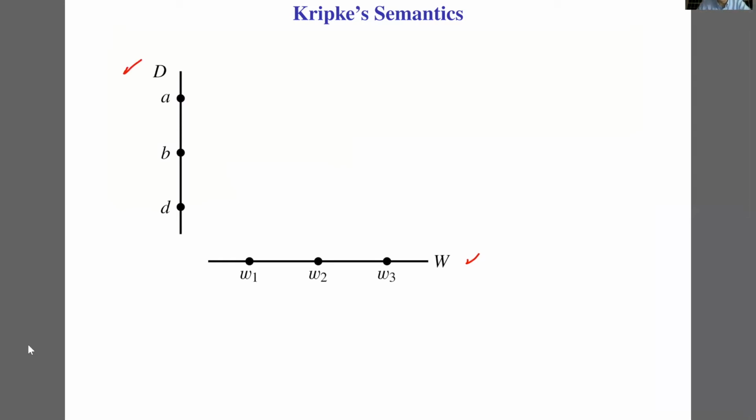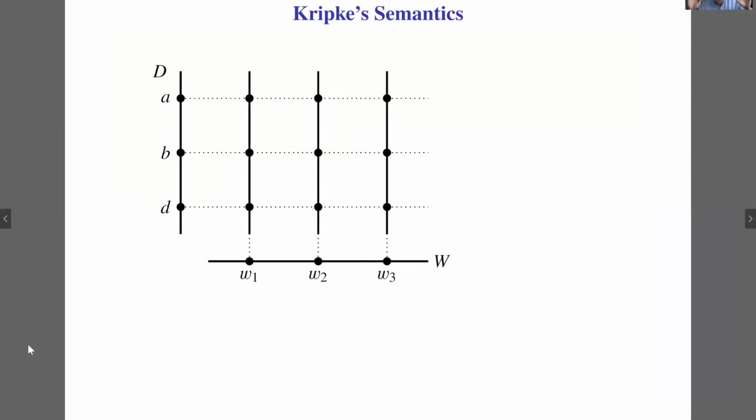Then you take a Cartesian product of them, like this, world-individual pairs, and then you assign extensions to predicates in each world. So you say that these things are red in this world, but in this world only these things are red, and here in this world only this thing is red, and so on.